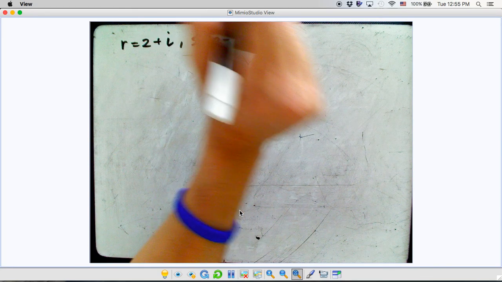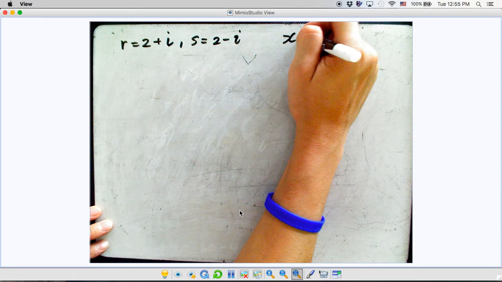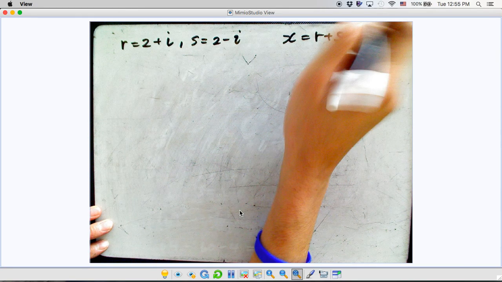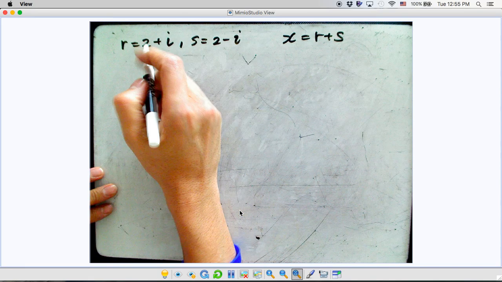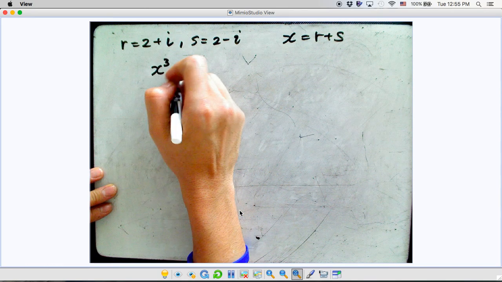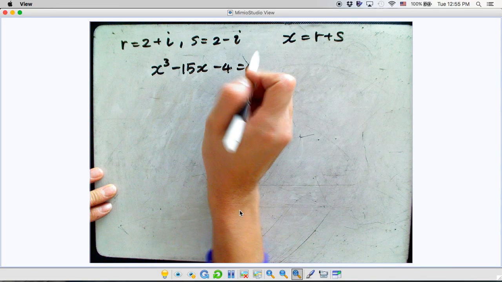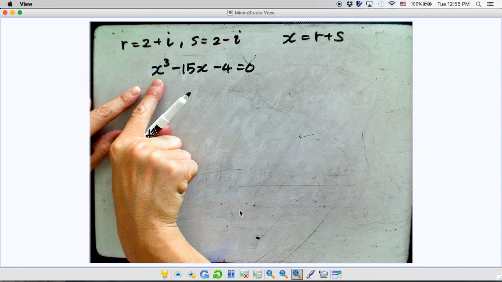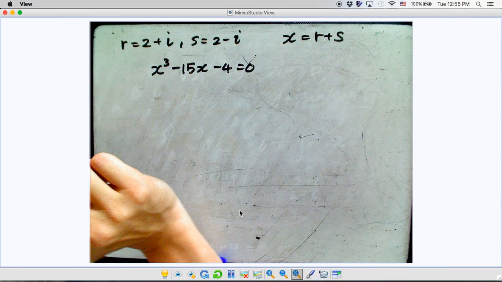So x has to be equal to r plus s, right? If we add these two, then we have 4, which satisfies x cubed minus 15x minus 4 equals 0. If you plug in 4 for x here, that's going to give us 0.